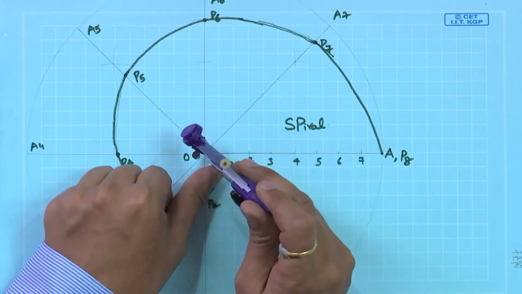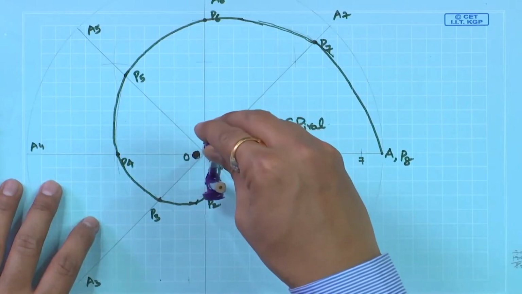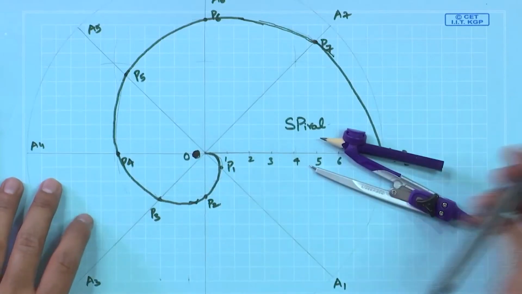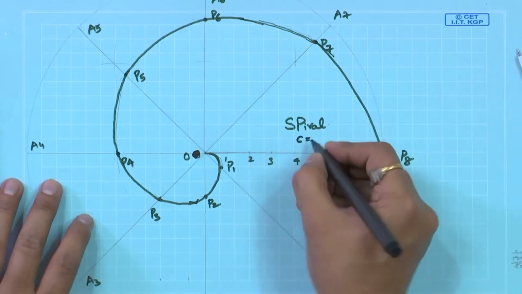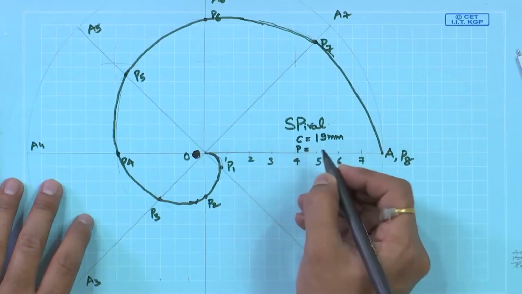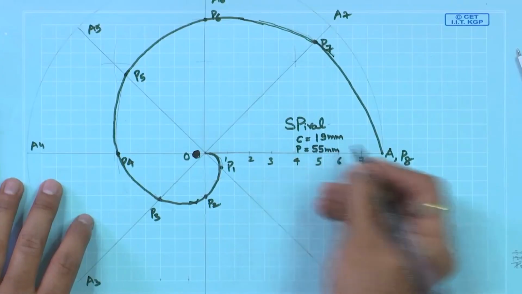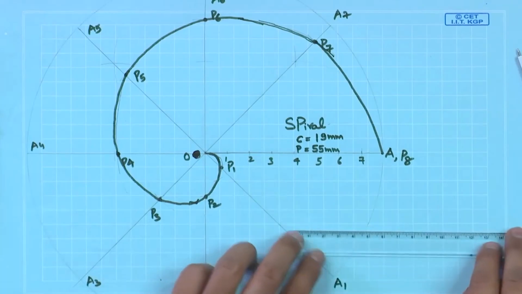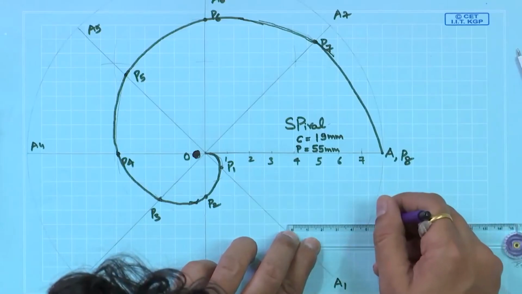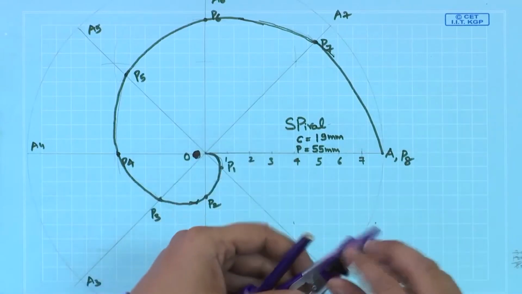So, from O on the curve, let us write it, C for the curve is 19 mm, and the intended point P where we would like to draw a normal and tangent is at 55 mm. So, first of all, locate both 19 mm and 55 mm. So, 55 mm is this one. So, measure this distance.